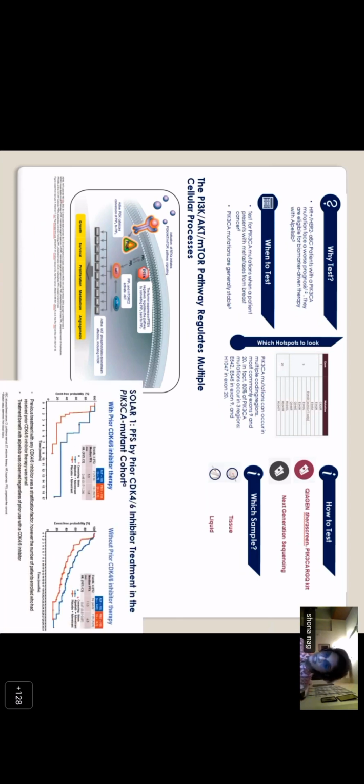And this is the pivotal study which showed that alpelisib, a drug against PIK3 mutated tumors, works in patients even with prior CDK4/6 therapy and gives you a nice progression-free survival benefit of at least 4 to 5 months. It's not an easy drug to use.